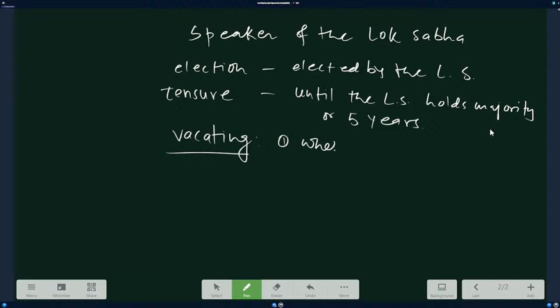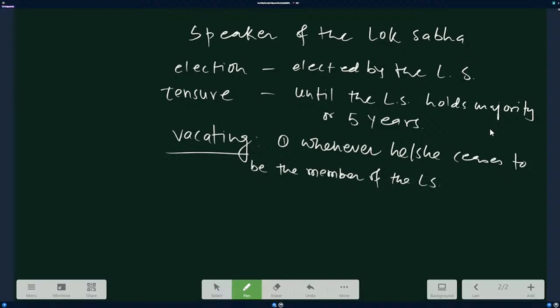First, whenever he or she ceases to be a member of the Lok Sabha. Secondly, when he resigns and gives a written resignation letter.